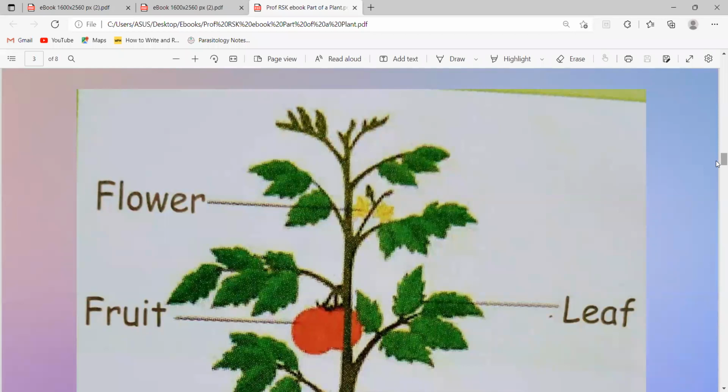After you are done with that, kindly draw the parts or draw the plant and indicate or point out the parts of the plant.